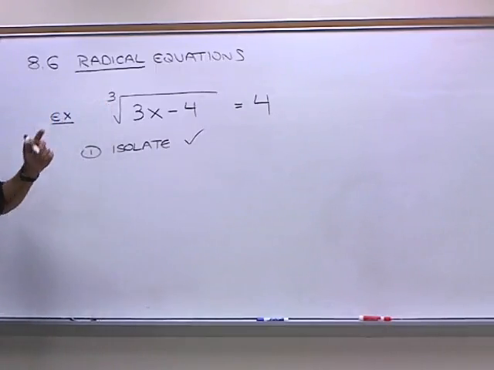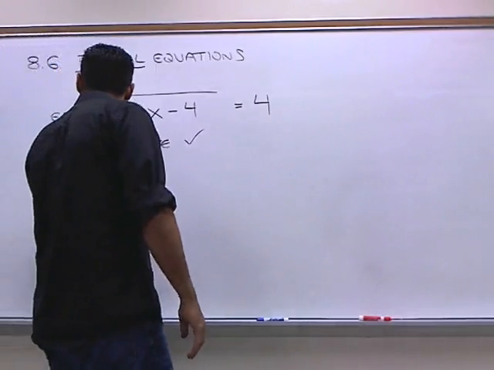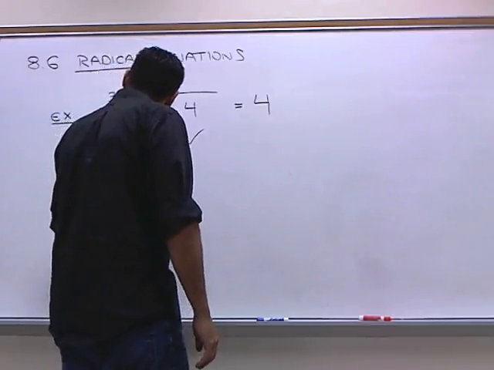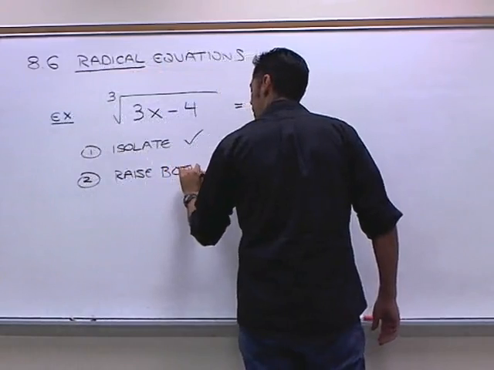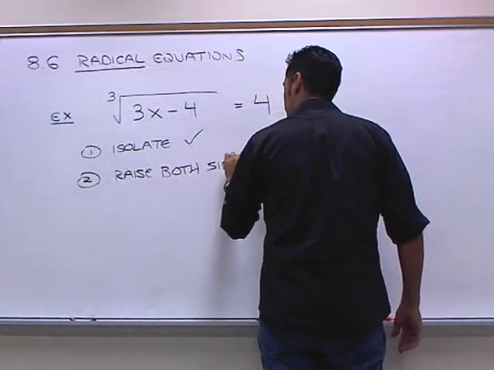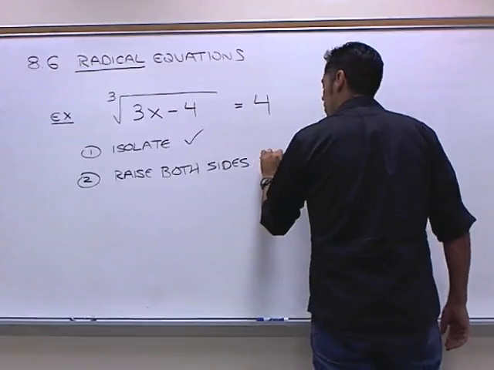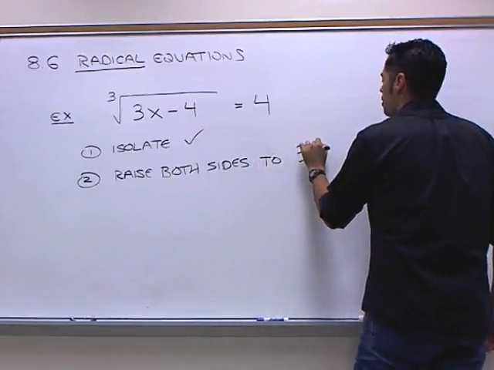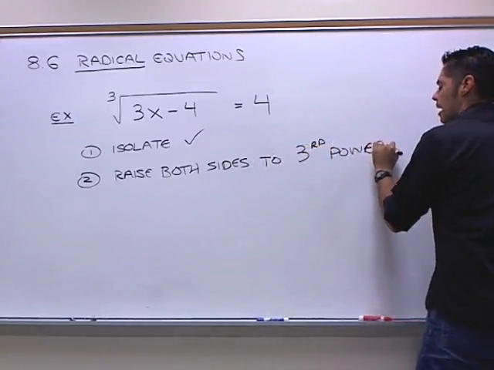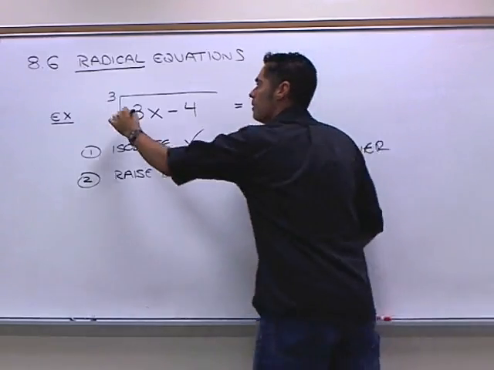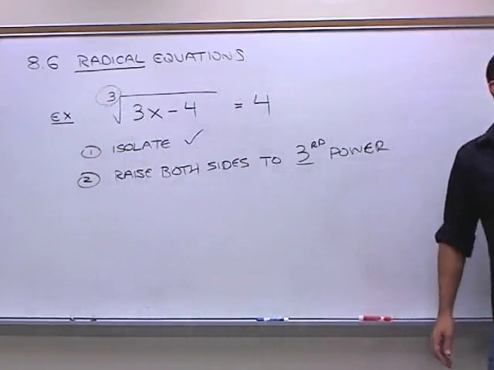So you raise both sides to the 3rd power. So I'm going to raise both sides to, in this case, the 3rd power. And the 3 is coming from the fact that we have a 3 up there, right?